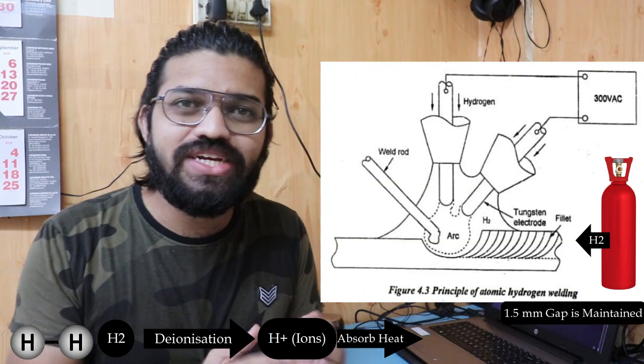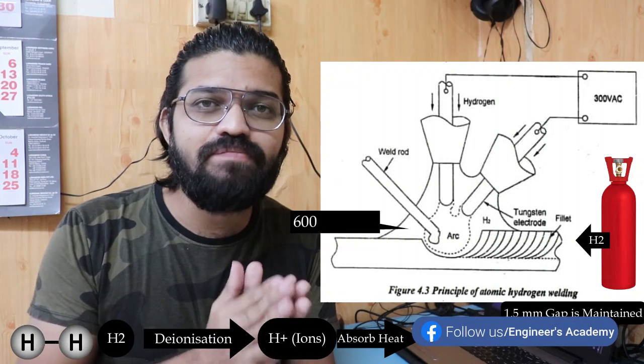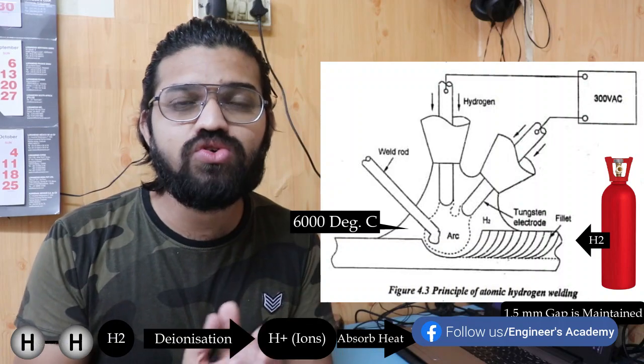Here the hydrogen gas gets dissociated at a temperature of more than 6000 degrees Celsius.